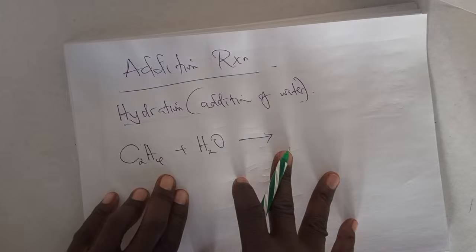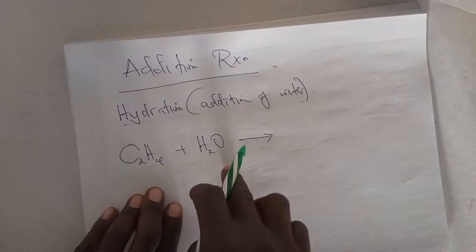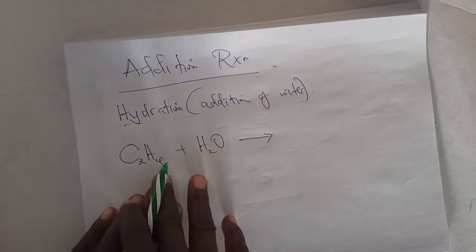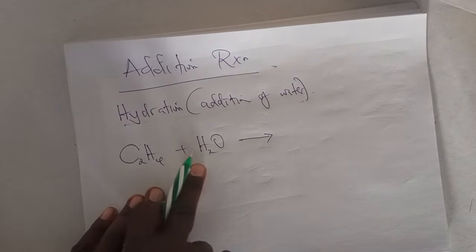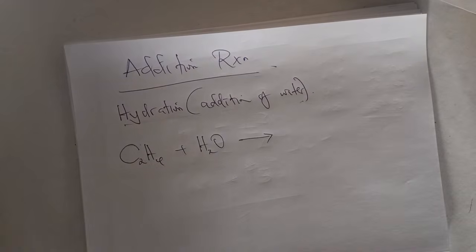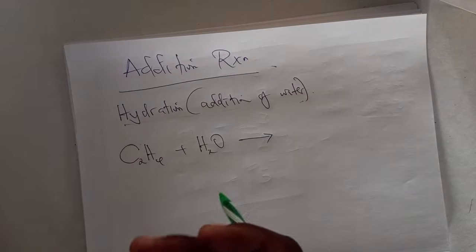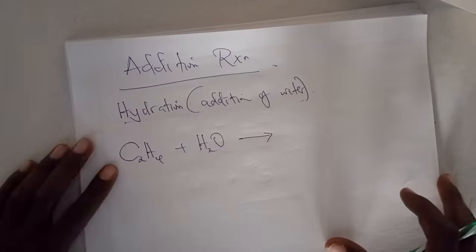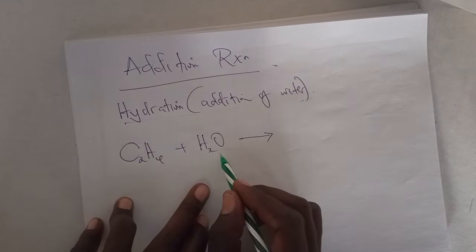I'll repeat that: alkenes react with water to give alcohol. The water we are talking about here is steam. Why? Because the conditions are that the temperature must be about 300 degrees Celsius, the catalyst must be phosphoric acid, and there should be a pressure of about 65 atmospheres. So the water we are talking about here is steam.